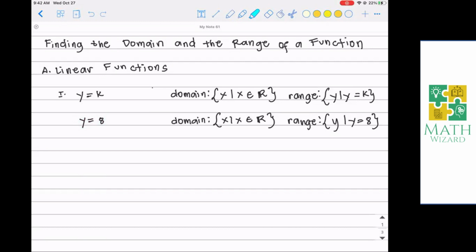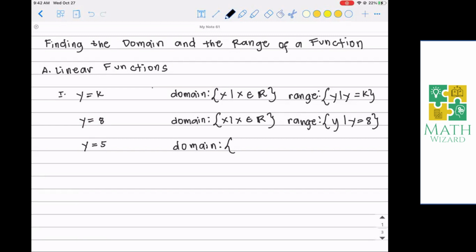Sige nga, let's have an example on this one. Let's say y is equal to 5. Based from our formula, kapag it's in the format of y is equal to k, ano ang magiging domain natin? So therefore, ang ating domain ay, based from the formula, gagawin nating guide yung ating formula.